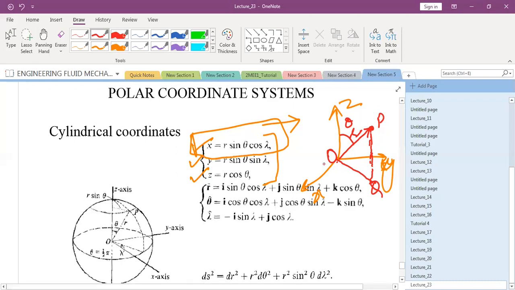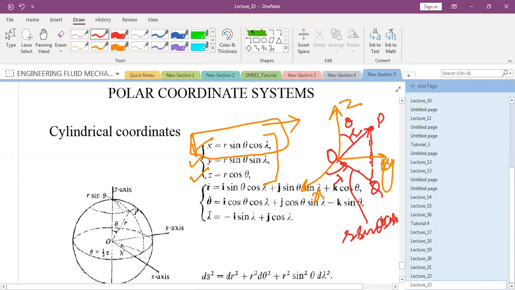R sine theta. So OQ is R sine theta. And if this angle is lambda, what will be the projection of OQ on the x-axis? R sine theta cos lambda. What about on the y-axis?